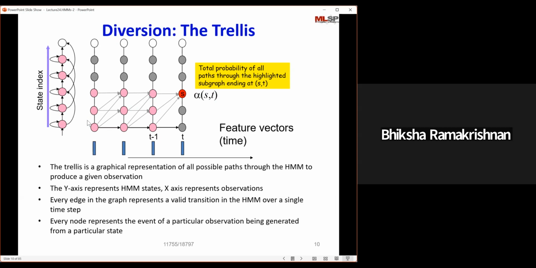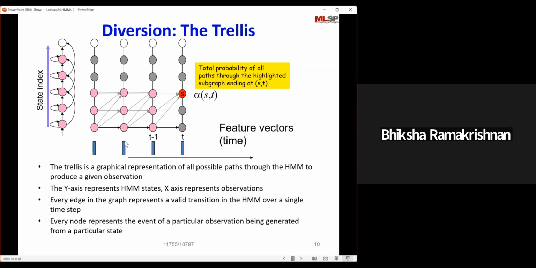And so we saw in the last class that this trellis can represent every possible state sequence. Each node in this trellis represents the event of being in the corresponding state and generating the corresponding observation.